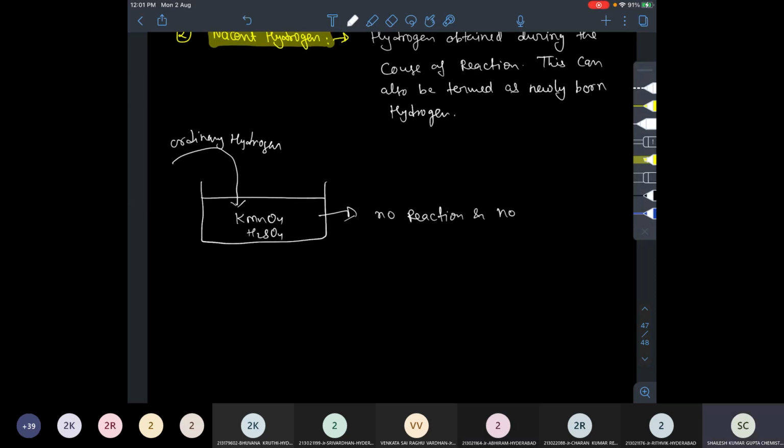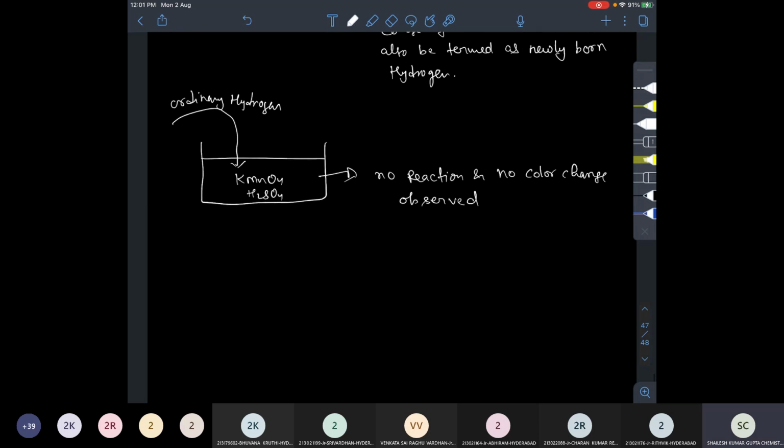And no color change is observed. The color of KMnO4 will change the moment you use zinc with H2SO4. This reaction provides you ZnSO4 plus hydrogen. We write it like this, at the end it will become H2, but we are just representing it like this.